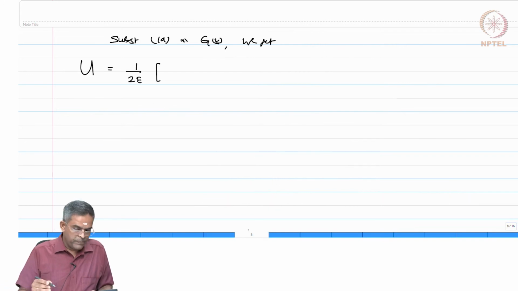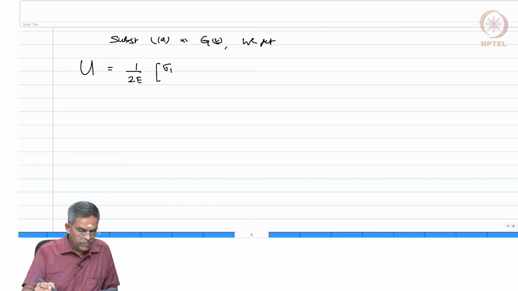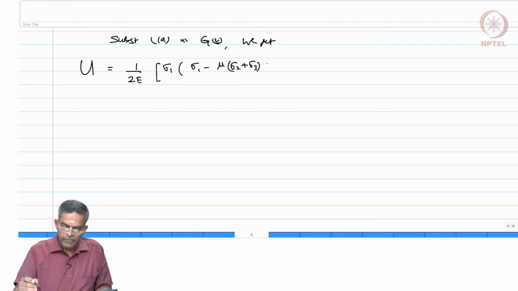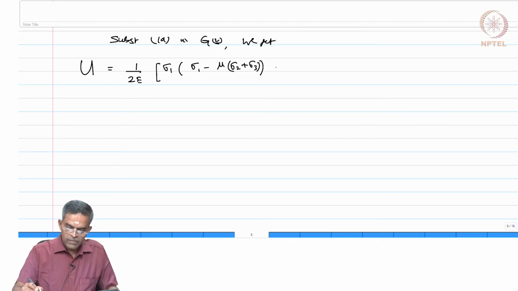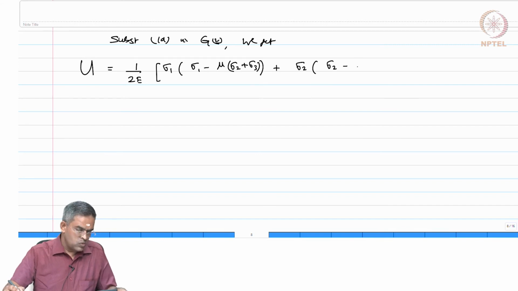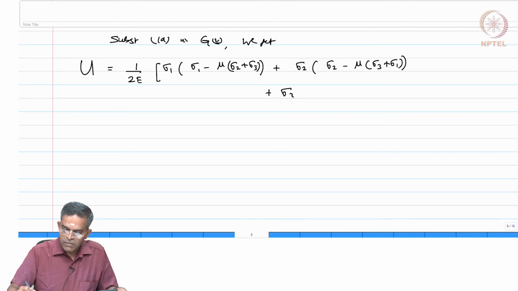So, 1 by 2E sigma 1 times of epsilon 1, which is sigma 1 minus mu of sigma 2 plus sigma 3, plus sigma 2 times of sigma 2 minus mu times of 3 plus 1, plus sigma 3 times of sigma 3 minus mu times of 1 plus 2.